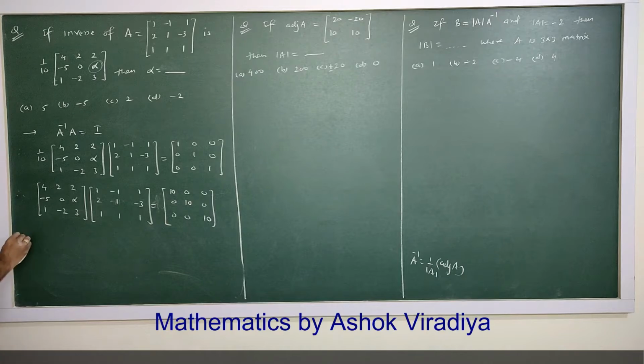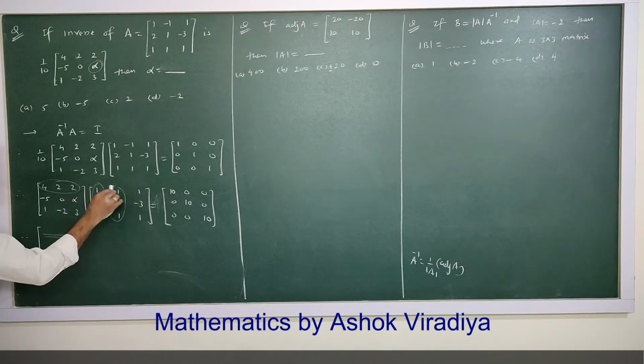Now on the left side we focus on the product. See, when we multiply first row with first column, here we are getting something. But in this product, यहाँ कहीं पर भी अल्फा नहीं आएगा. Then we move on to the next.